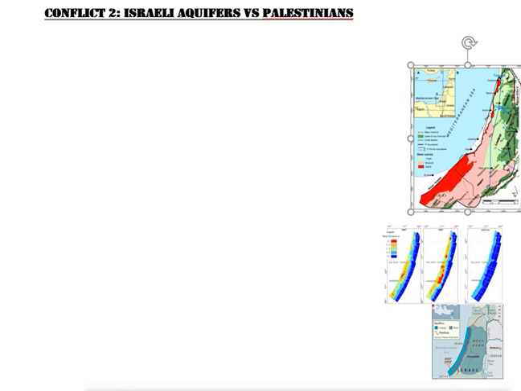All right, so we've got a situation where physical supply is not enough to meet demand. As a result, you've got both groups over-abstracting more than the safe level of recharge, and that's causing saltwater ingress, which is lowering the quality.